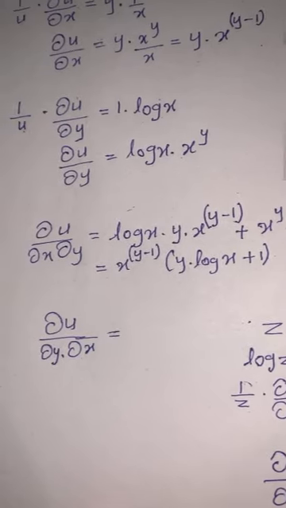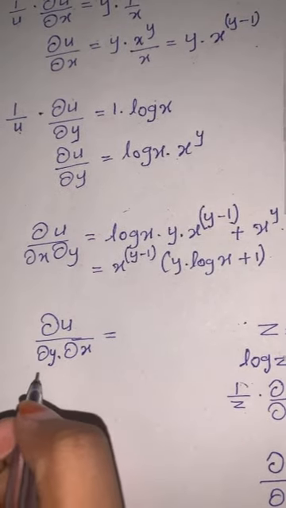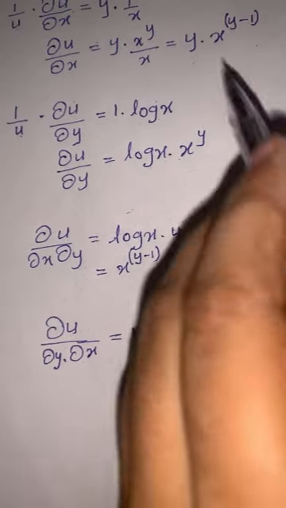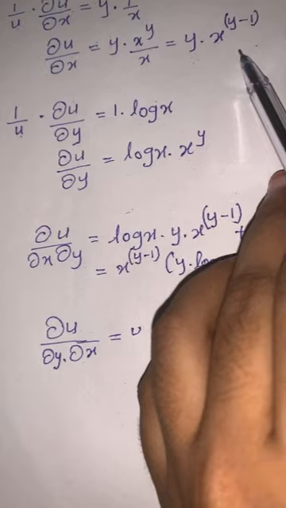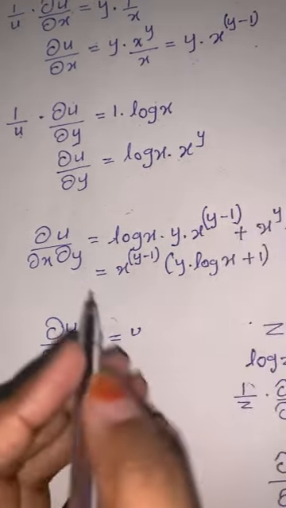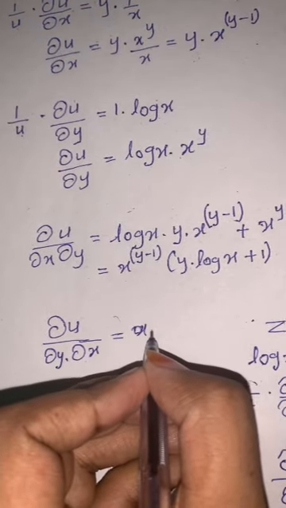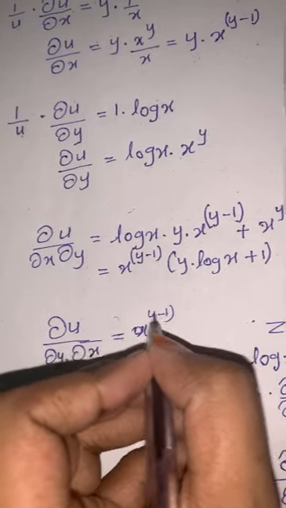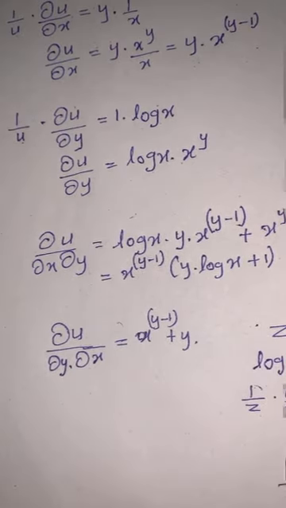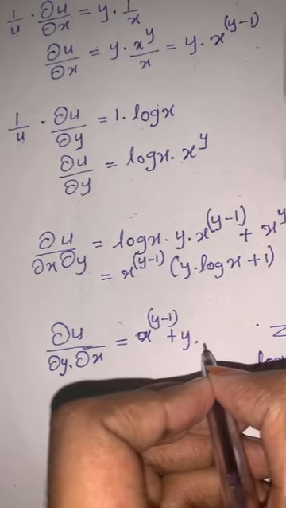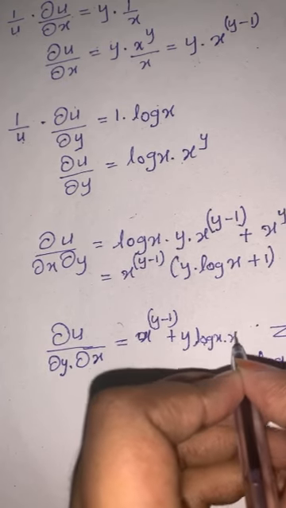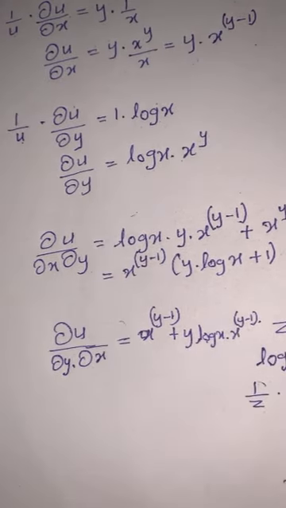So just simply we have to substitute here. So this is the u into v pattern. So what can we do? Because here y is also there. So x to the power y minus 1 plus y into the differentiation, log x into x to the power y minus 1.